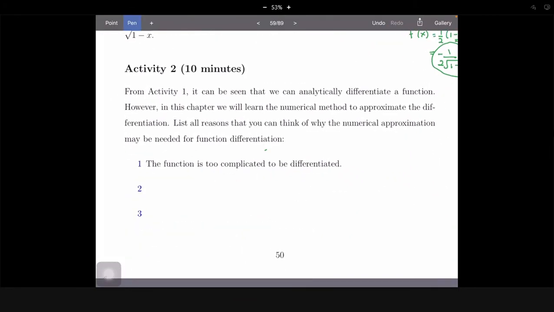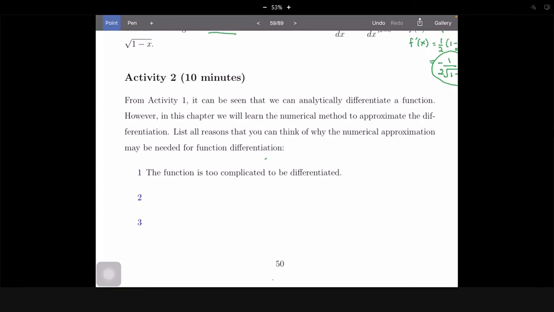From activity 1, it can be seen that we can analytically differentiate. So, kita boleh differentiate satu function tu dengan mudah kan. So, guna product rule ataupun guna any rules yang ada dalam calculus tu. However, in this chapter, we will learn the numerical method to approximate the differentiation.